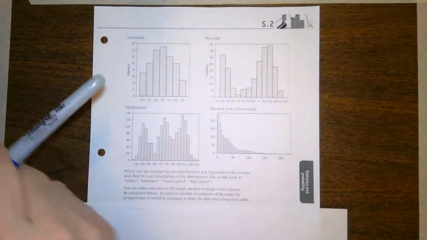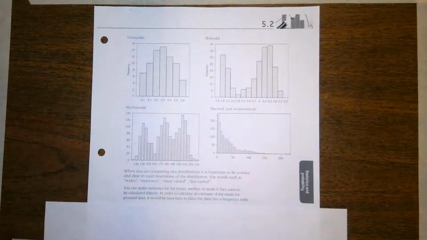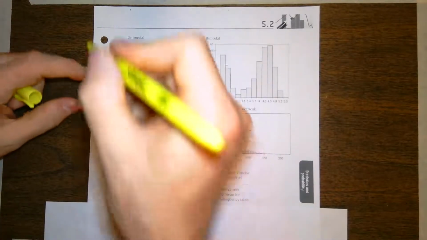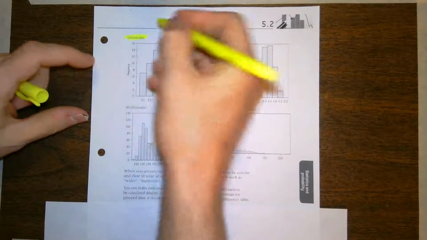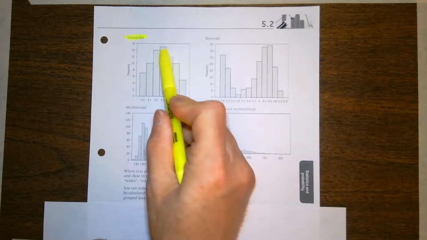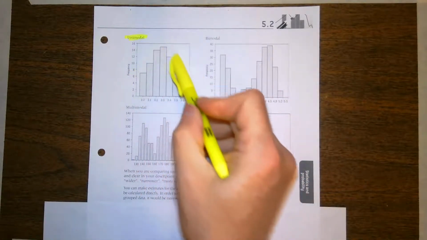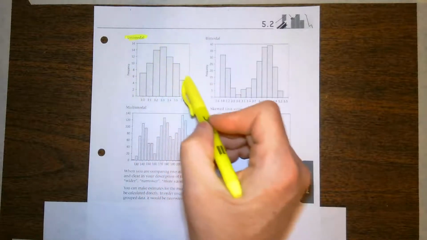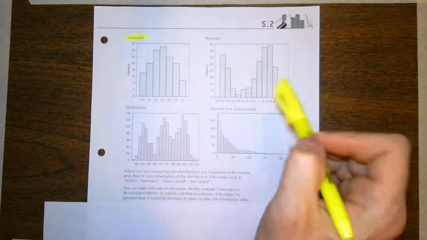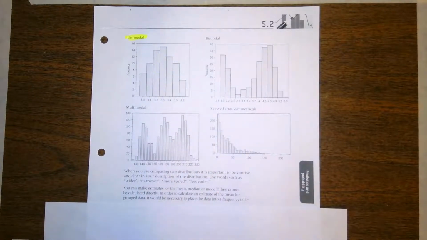In the first graph, unimodal, because as I look at it, there's clearly one mode. I also notice that this one is fairly symmetric. It almost gives me a nice bell curve. It's not skewed one way or the other. But this would be unimodal. Clearly there's one class that's bigger than the others.